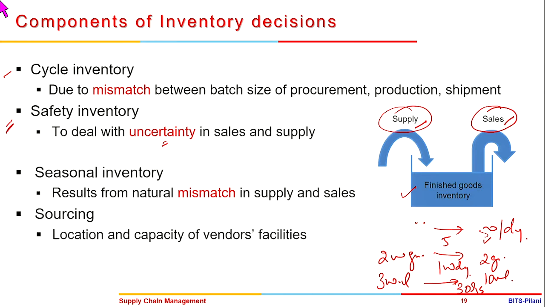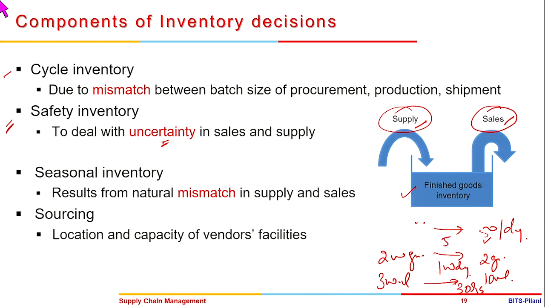Safety inventory is related to uncertainty. And if there is no uncertainty, in that case, safety inventory is not required. The only inventory that the company will carry is only the cycle inventory. When uncertainties increase, safety inventory has to be higher.